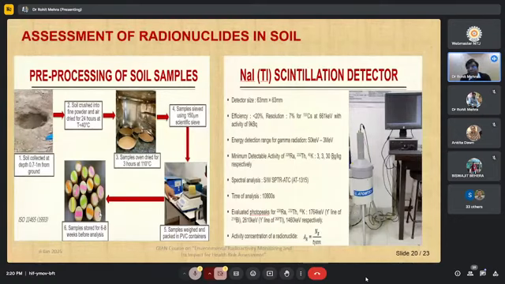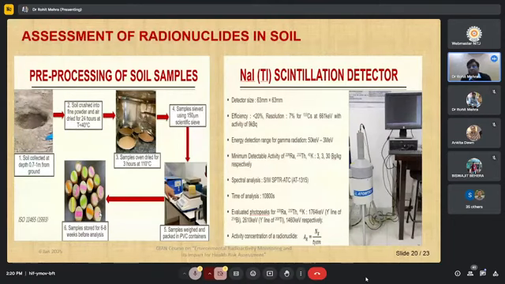If you change the geometry of the measuring instrument or of the container, the results would vary. So it is very important to use the right shape and size of packing material in which you pack the samples for at least 6 to 8 months before measurement, so that the natural radioactive equilibrium could be attained before measurements.